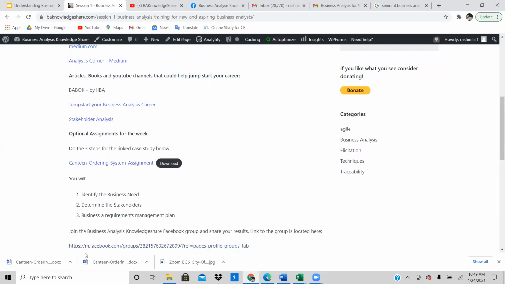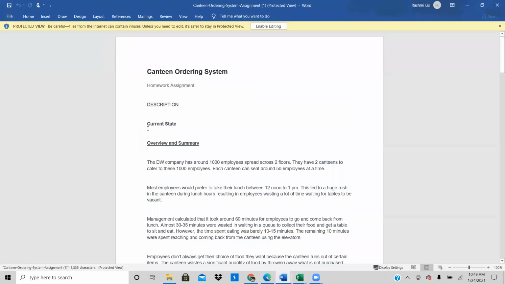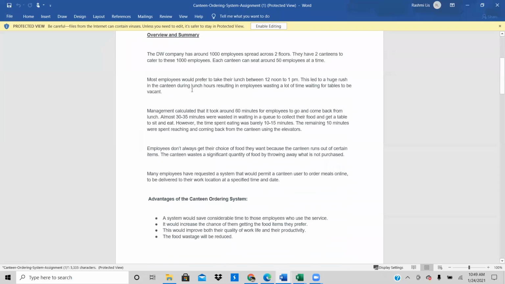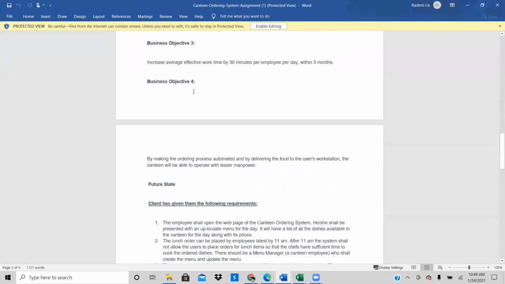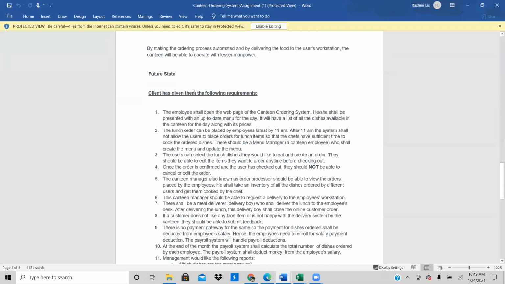Reference my article, but really the catering order, the ordering system here, it's the current state. So I don't want you to go in and solve everything unless you really want to, but it's a little more complex.